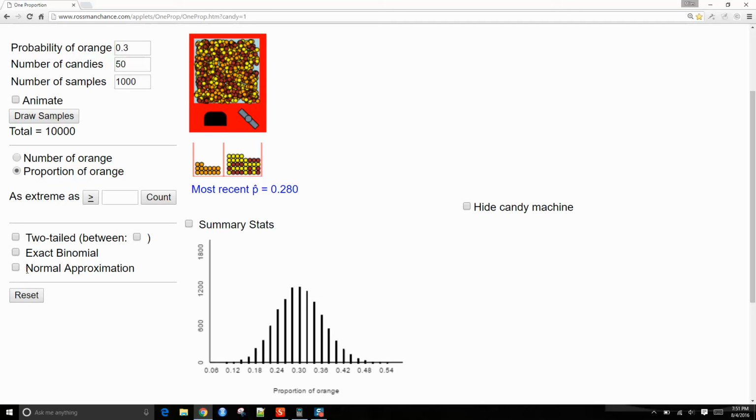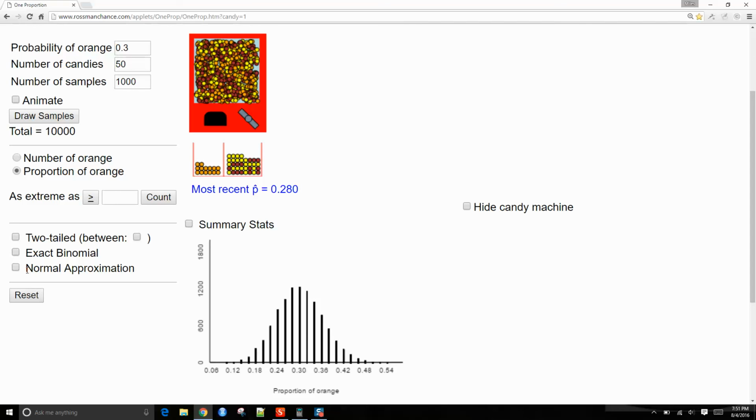But I just wanted to demonstrate the idea of a sampling distribution. It's the idea that we repeatedly draw from the population, and every time we draw from the population, we record the p-hat value, and we do this over and over and over again.